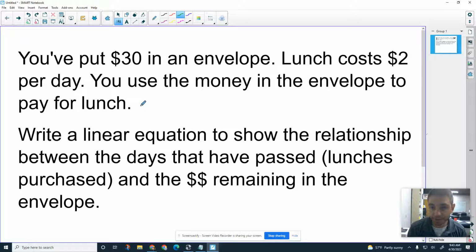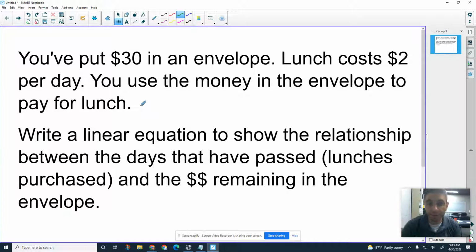A lot of people would look at this question and think, okay, I've got $30 in my envelope, lunch costs $2 per day, use the money in the envelope to pay for lunch, right? So they would read all the instructions, and a lot of students first starting out in algebra might think, okay, I've got to figure out how many days I can buy lunch with that $30.